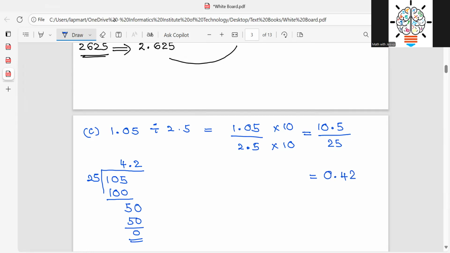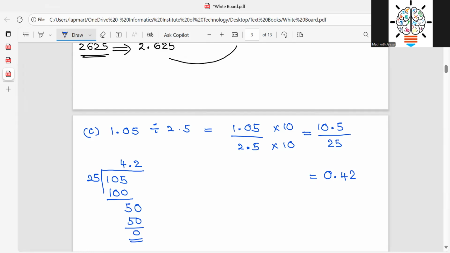Hope it is clear. First, what I did, I wrote it as a fraction. So then I realized that I have a decimal number in the denominator. Then what I did, I multiplied it by 10 to eliminate or remove the decimal. So then I want to give the same treatment to the numerator also. Then 1.05 becomes 10.5. Now I want to divide 10.5 by 25.